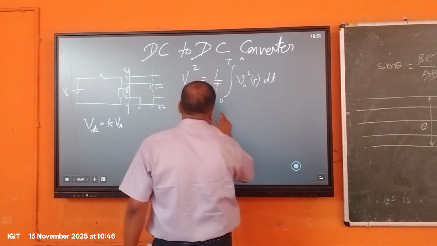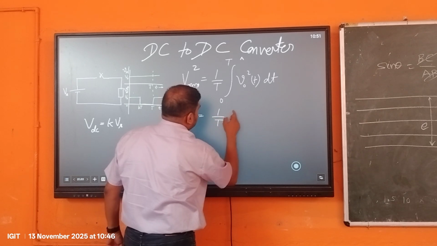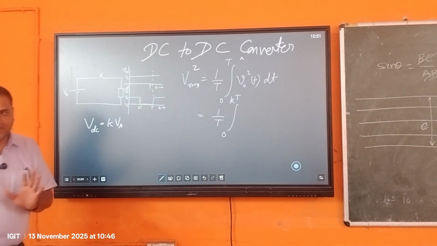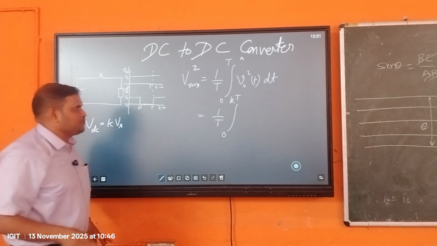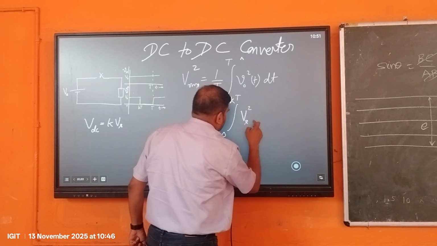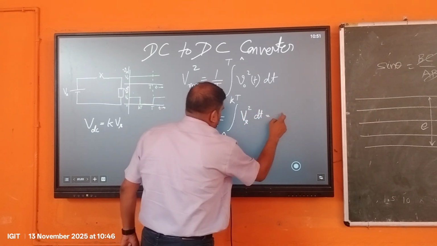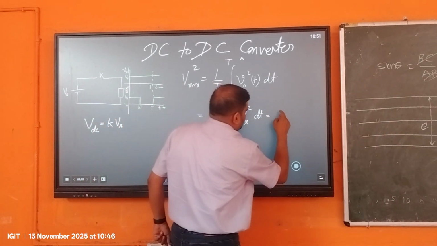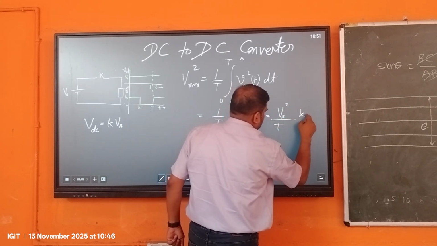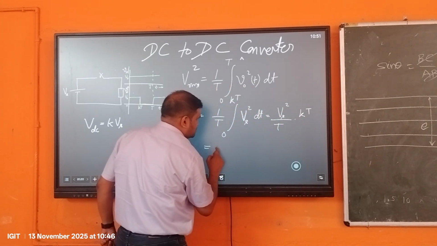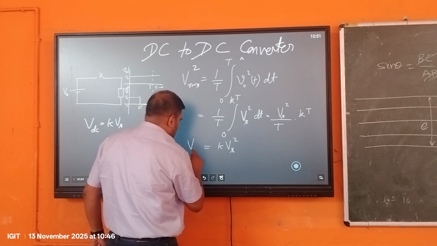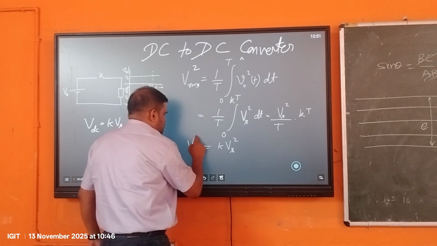So we can write this as 1 by T integration from 0 to kT, because it is on for k times T and the rest of the time it is 0. So this will be Vs squared dt. If I integrate that, it becomes Vs squared by T times kT, which equals k times Vs squared, equal to VRMS squared.